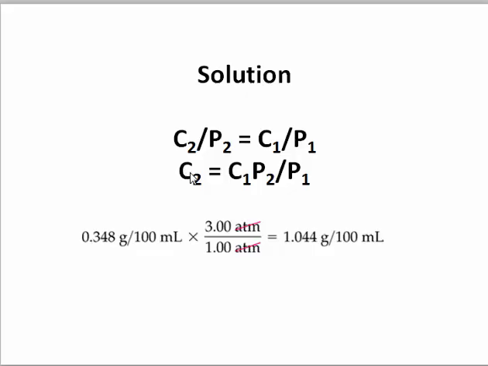The first set of conditions, C1 and P1, are 0.348 grams per 100 milliliters in 1 atmosphere. Algebraically, C2 is C1 times P2 over P1, which gives a concentration of 1.044 grams per 100 milliliters. Again, we see that the concentration of the gas increases as pressure increases.